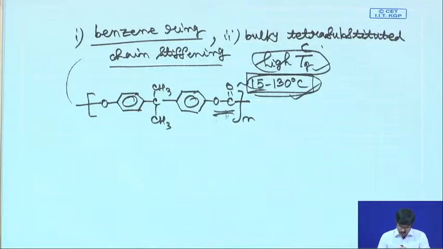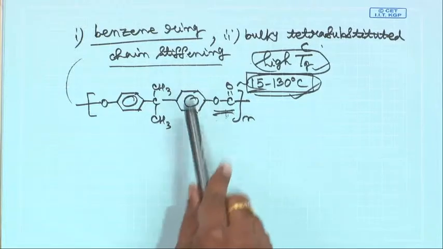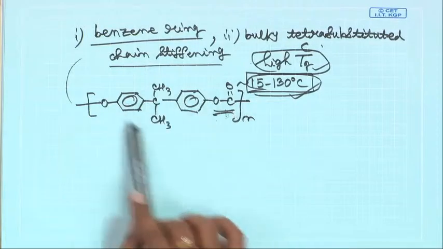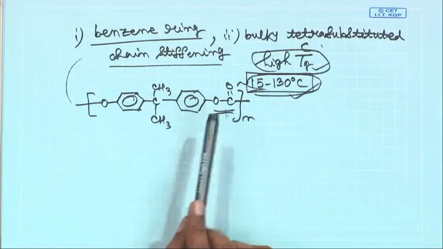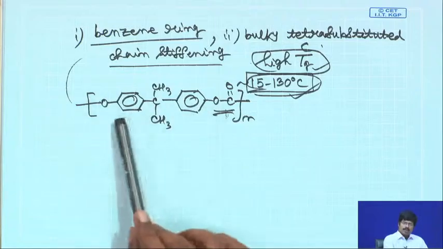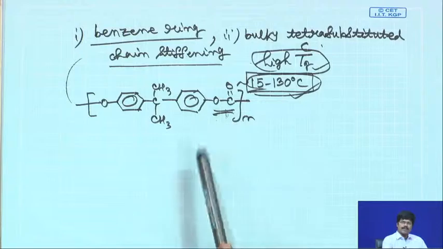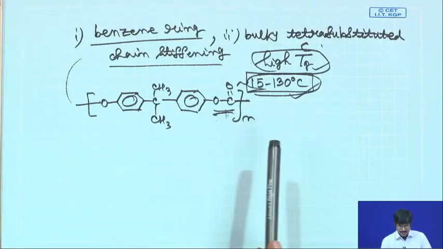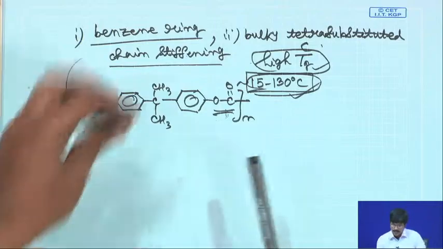Okay. Now, the $1 million question is, how do we improve the properties of bisphenol A polycarbonate? This is your basic polycarbonate structure. We are going to only discuss bisphenol A based polycarbonate now, because A, it is the most industrially prevalent polycarbonate, and B, it has a good combination of properties over a good range of temperature. So, the question then is, how do we improve the properties of these materials?